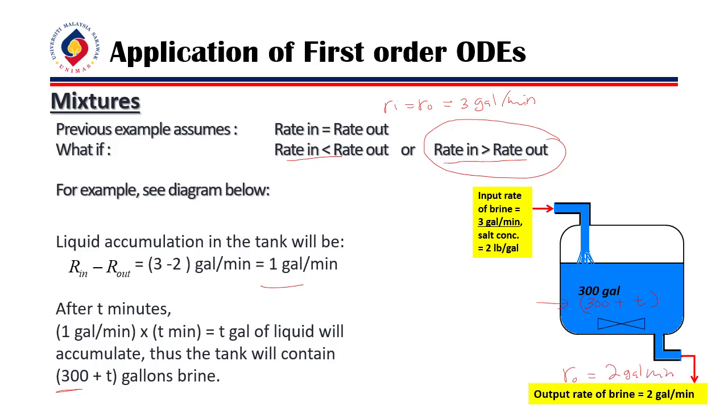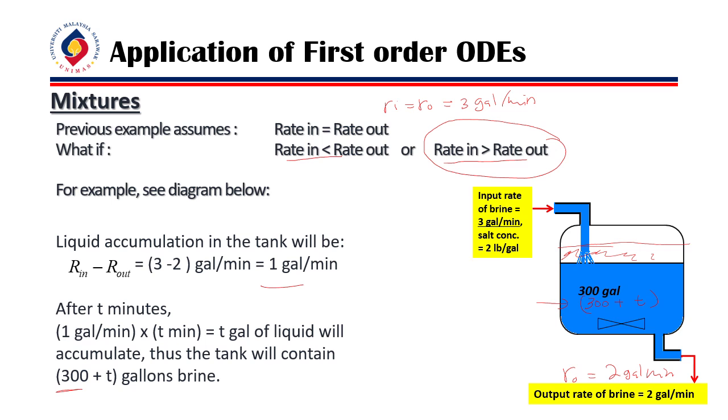This is when the rate out is lower or smaller than the rate in, so the volume of brine is higher than the previous example.